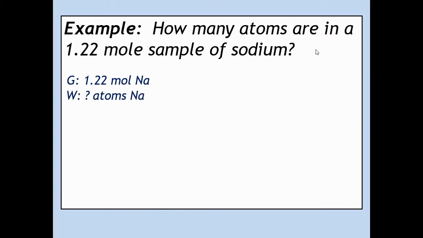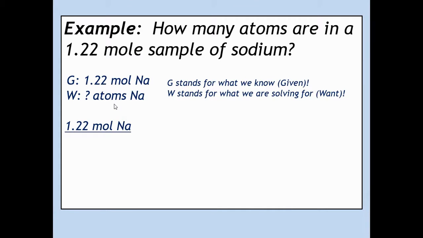We want to know how many atoms of sodium there are. We have a ratio that can link these two. We know that 1 mole of anything is equal to 6.02 times 10 to the 23. So if you have 1 mole of sodium, you're going to have 6.02 times 10 to the 23 atoms.